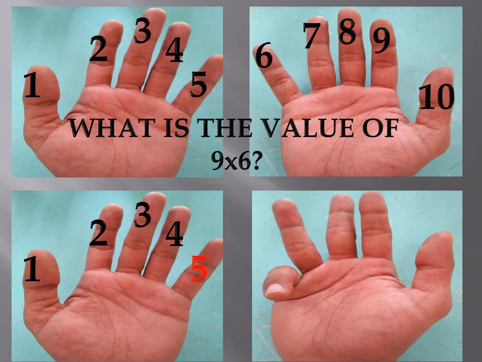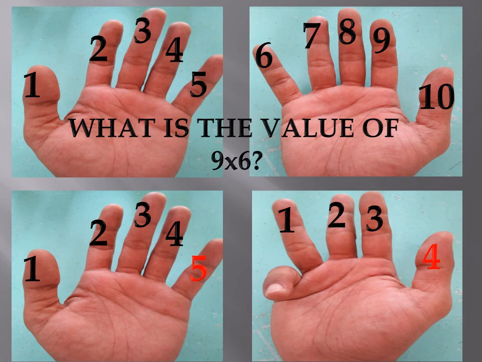Let us now count the number of fingers right after the 6th closed finger. We have 1, 2, 3, and 4, meaning there are 4 fingers right after the closed 6th finger.